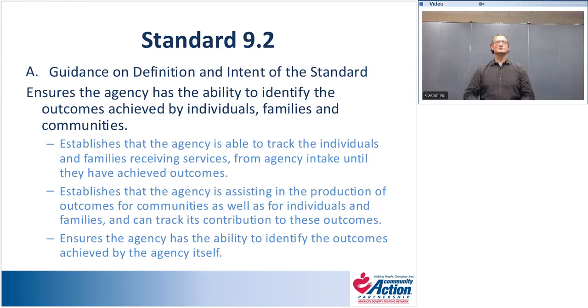Remember that the intent of this standard is to identify the outcomes that might be achieved by multiple services. So when we look back at 9.1 and we identify the services that people get, can we say what those services were that brought us to the outcome that gets measured in this standard?